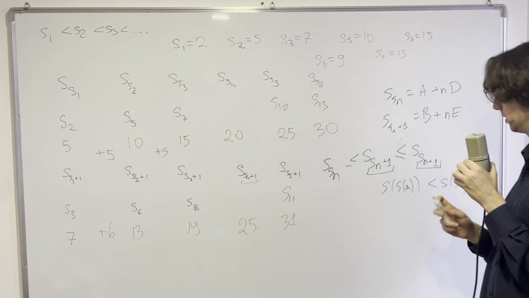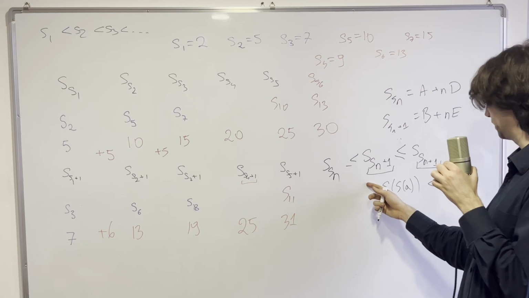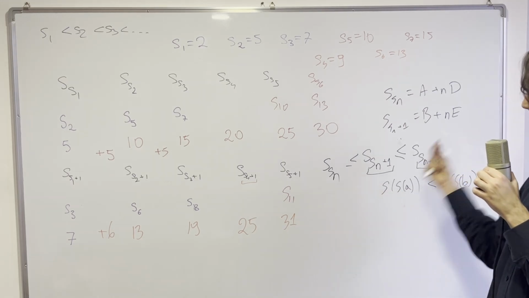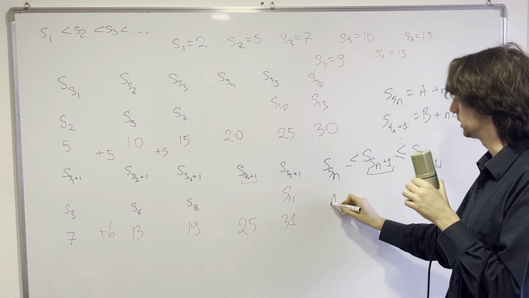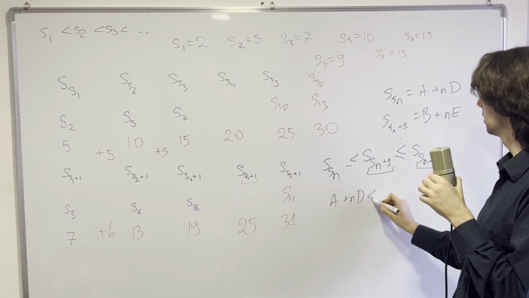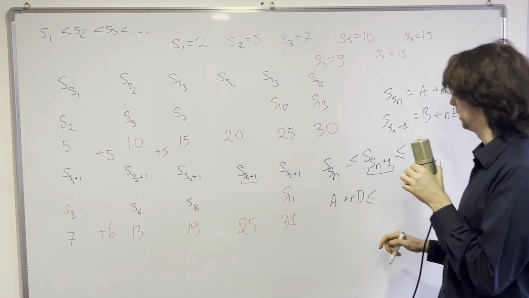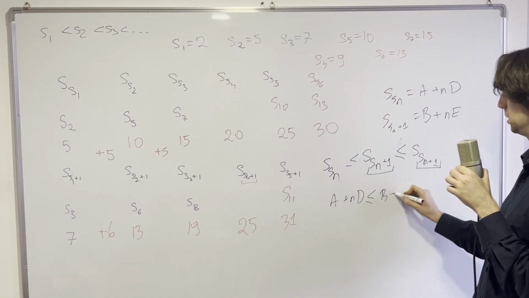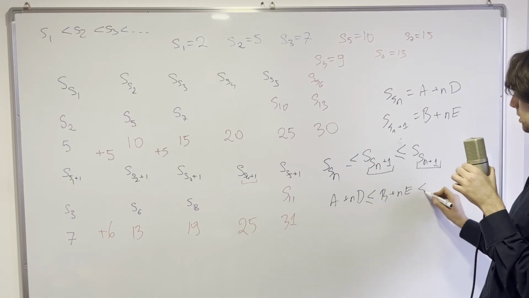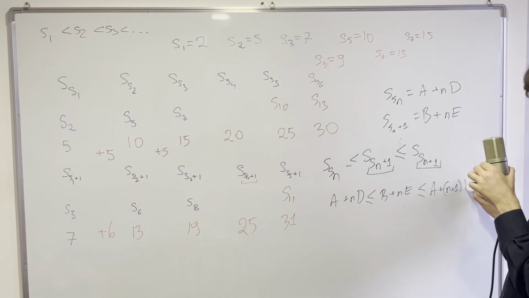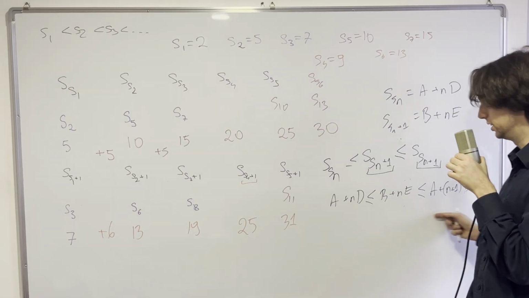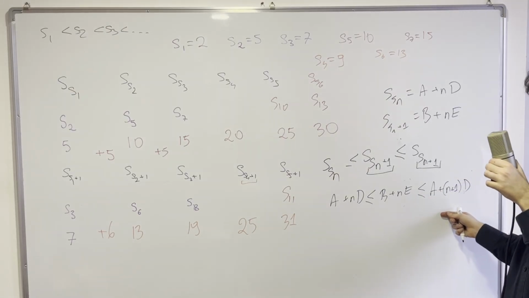Now what do we have from here? Well, let me clear this up. This thing right here is equivalent to S(S(n)), which is A plus nD, less than or equal to B plus nE, less than or equal to A plus (n+1) times D. Okay, we have these inequalities that need to hold true.